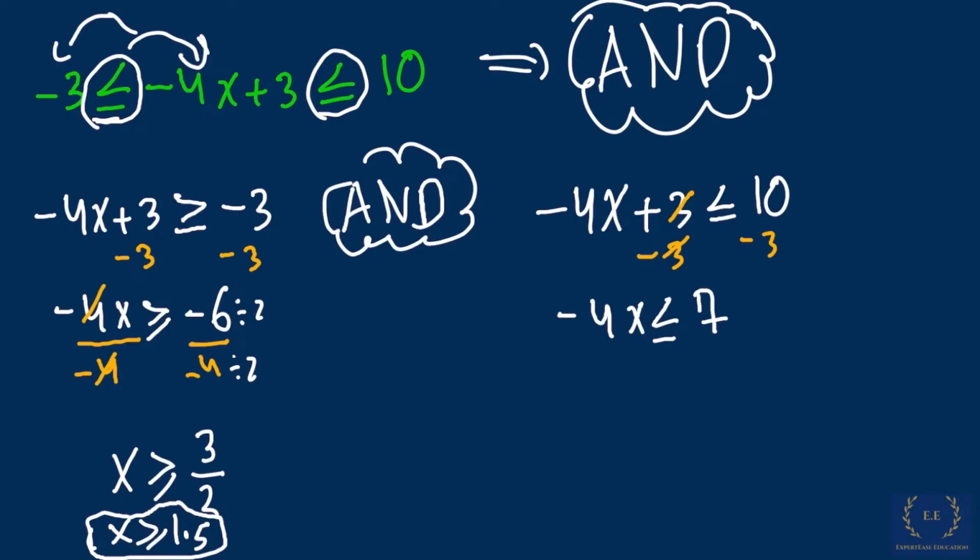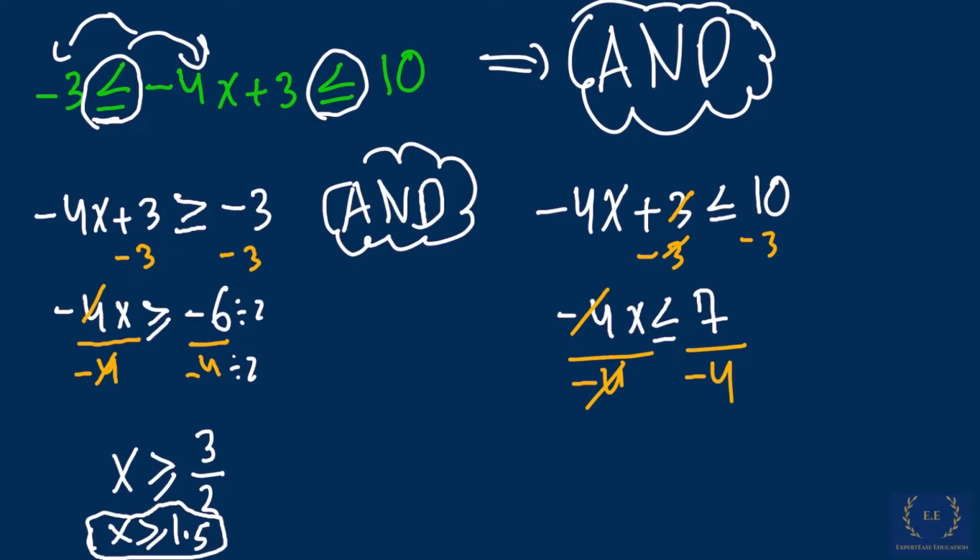Now, if I'm going to crunch these values, you can use the calculator depending on the complexity of the problem. Keep in mind that some problems are quite straightforward and you do not have to use a calculator, but for other problems you should. So in this case, I divide by minus 4 and divide by minus 4.